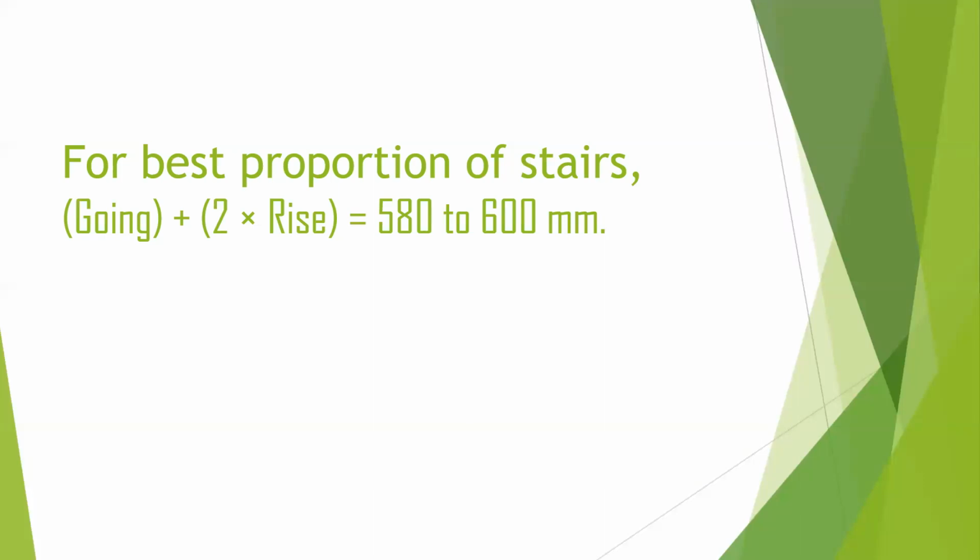No. The going and the rise also have their range of values for best proportion, okay? Your going should not be less than or equal to 225 mm, and a rise greater than or equal to 200 mm should be discouraged.